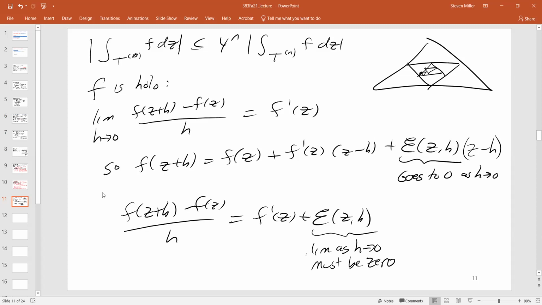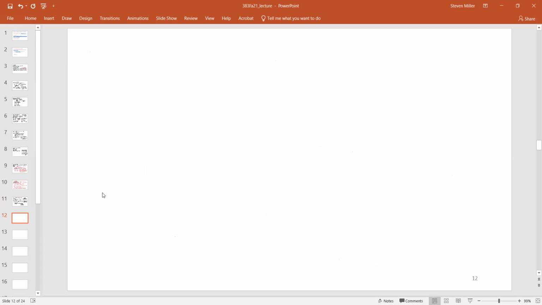So all that is going on here is that because the function is holomorphic, we can write any f of z plus h as f of z plus f prime of z, my instantaneous speed, times how far I've moved, plus a little bit. Okay? Now, instead of z and z plus h, we can use z naught and z.